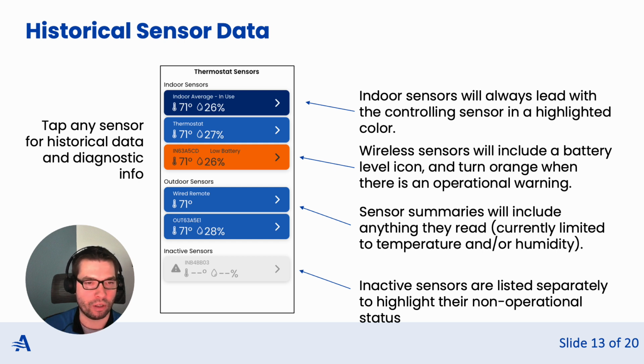The sensor summaries show temperature and humidity, depending upon if they display that information. Inactive sensors are listed in a dimmed out color. They are there so the customer knows that the sensor exists, but it isn't active for a particular reason, and they can go into the sensor details on the next slide in order to see why.